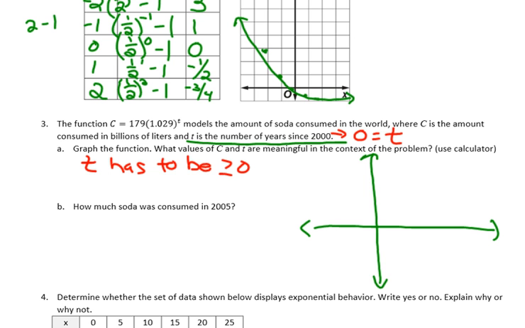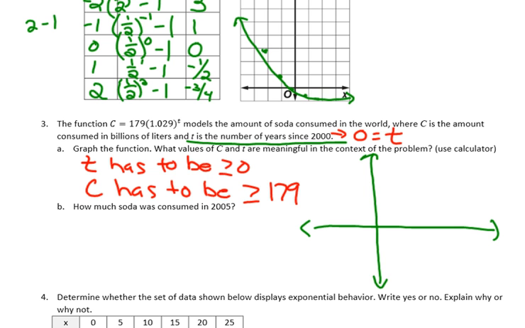And so even if I put in 0 as my lowest value, C has to be at least greater than or equal to 179. That is probably what's happening with my window here, but that's okay.